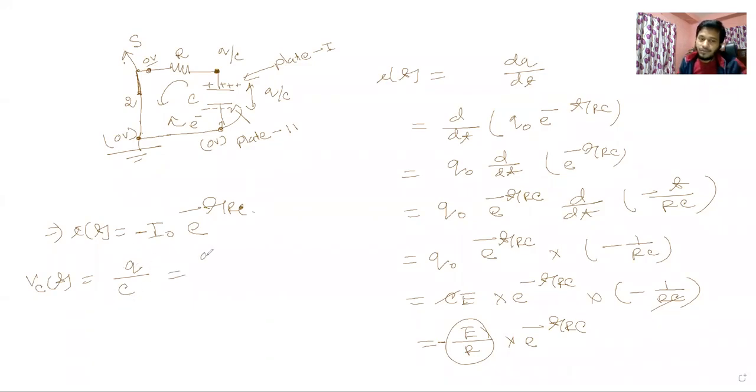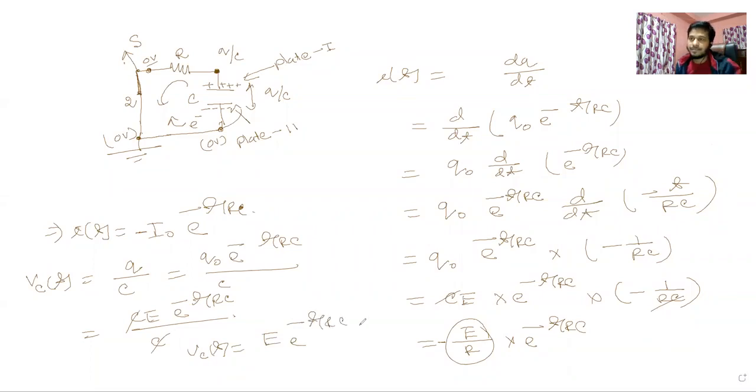We know that Q equals Q naught e to the power minus t by RC, and this is divided by C. Now Q naught equals CE, so C and C will cancel each other. Finally Vc of t will be E multiplied by e to the power minus t by RC. Please note down these equations.